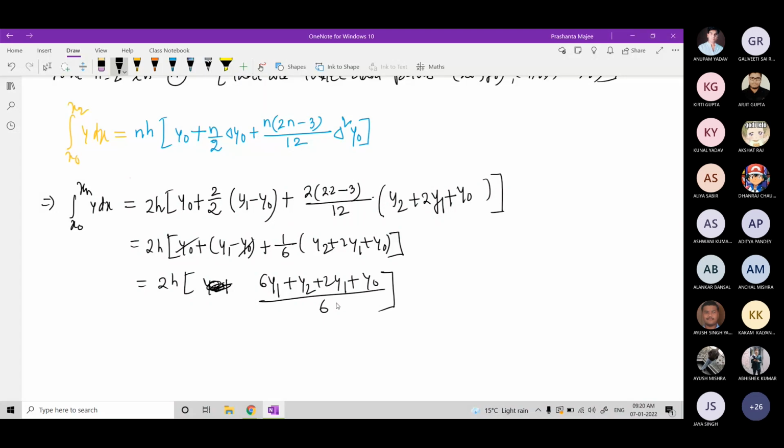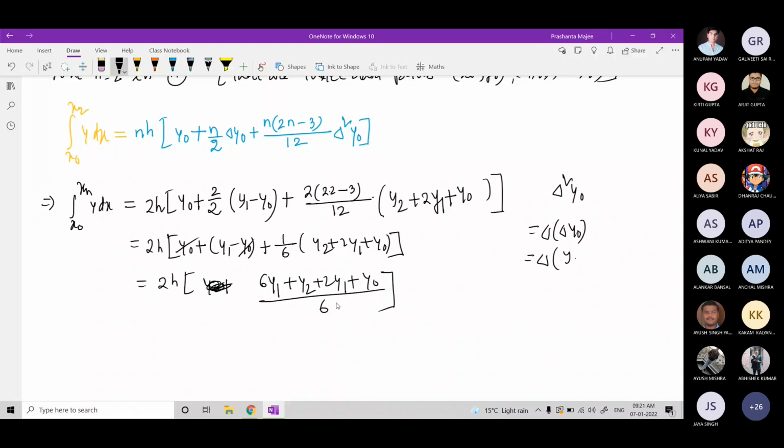I may have committed some mistake somewhere. It should be a minus sign here. What is del square y0? That is del of del y0.